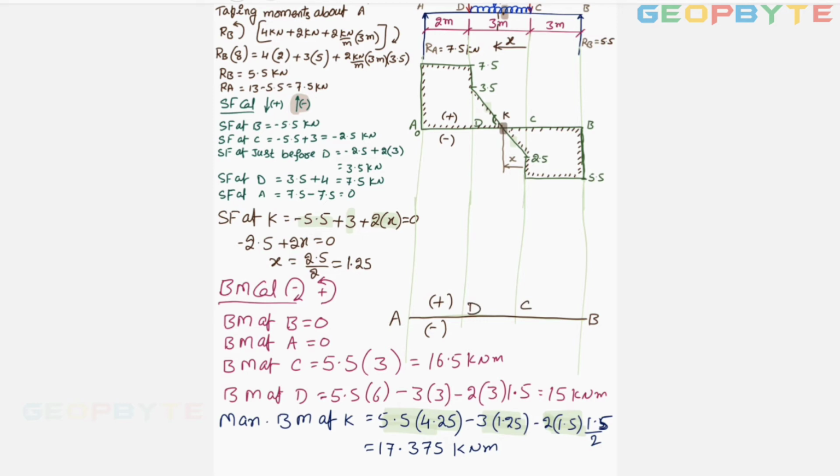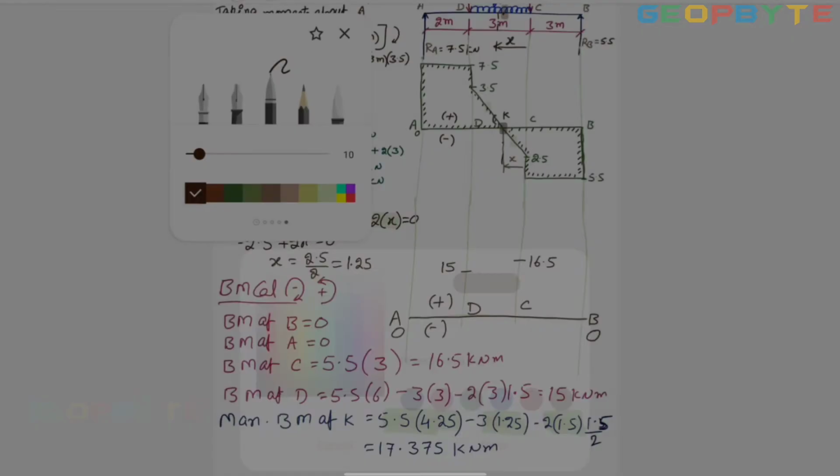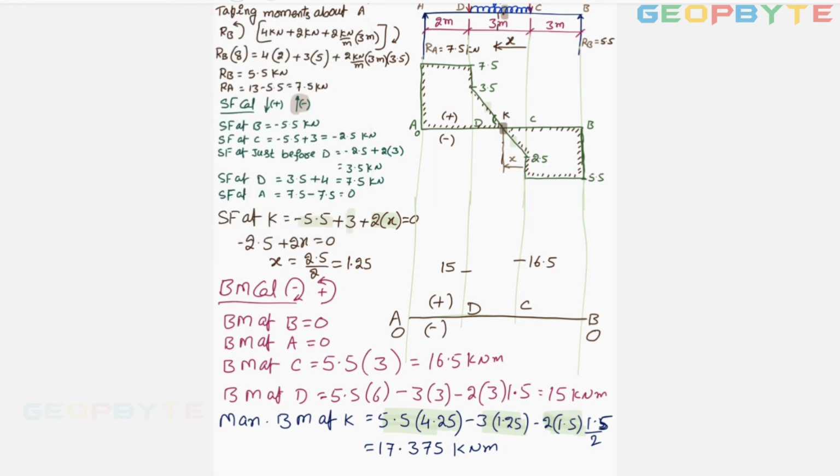Bending moment at B equal to how much? 0. Bending moment at A also 0. Bending moment at C 16.5. Bending moment at D 15. It should be below 16.5. Bending moment at K, I should mark the line from K also, that is 17.375. It is better to use a thin line.